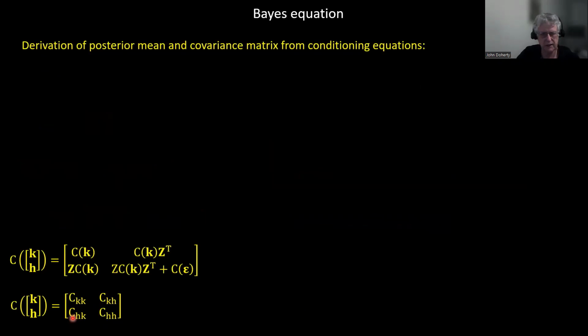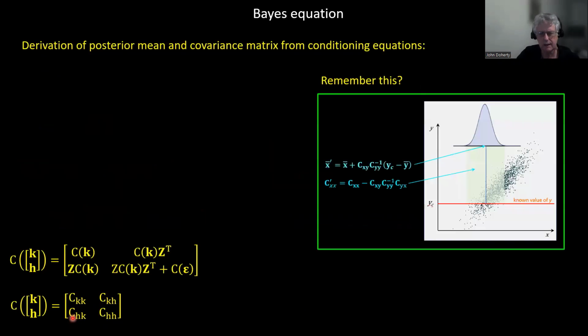All right, let's retain those and go back to something we learned way back in webinar 1. There we said, if we've got two random vectors, X and Y, and they're statistically interrelated, then there's correlation between them. That means I can condition one by knowing the other.